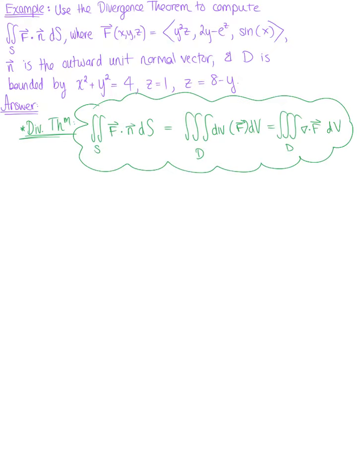Looking at what's given here, we have everything we need except the bounds on our solid region. To determine those, I'm going to start by sketching the solid region D in R3. Let's think about what we're given.